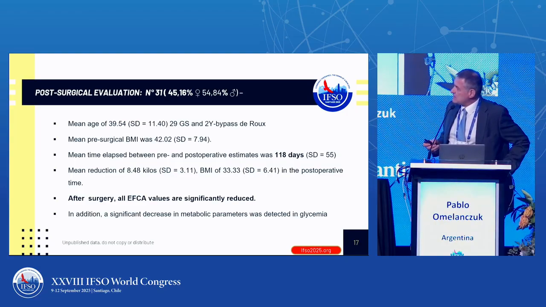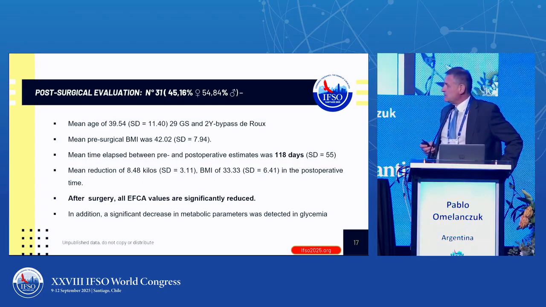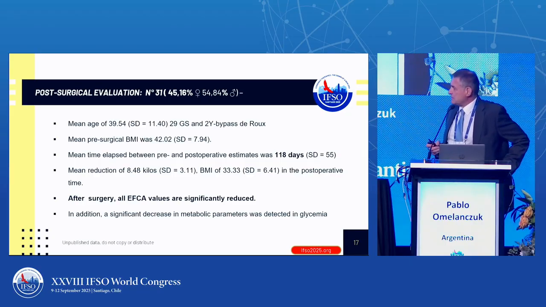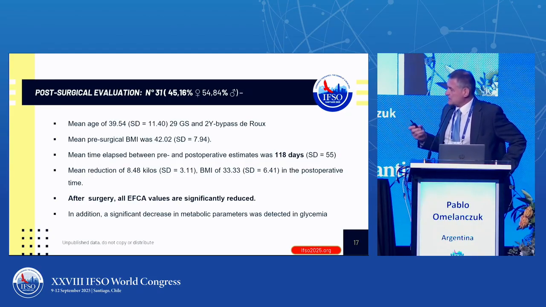The mean pre-surgical BMI was 42, and the mean reduction was 8.48 kilograms, and the BMI went down to 33 in the postoperative time. And after surgery, all EFCA score values were significantly reduced.